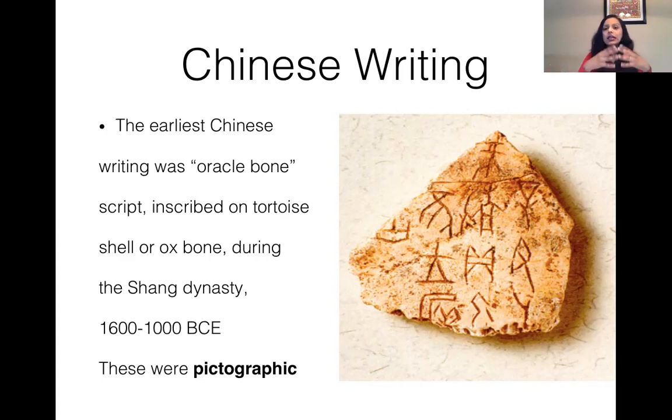But this is one of the earliest forms of that writing system. This writing was called the oracle bone script, and this was inscribed on a tortoise shell or an ox bone during the 1600s BC, during the Shang dynasty. And these are again very similar to the pictures of pictographic symbols that we actually saw earlier.